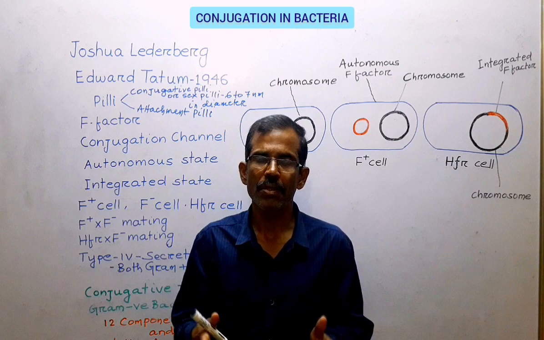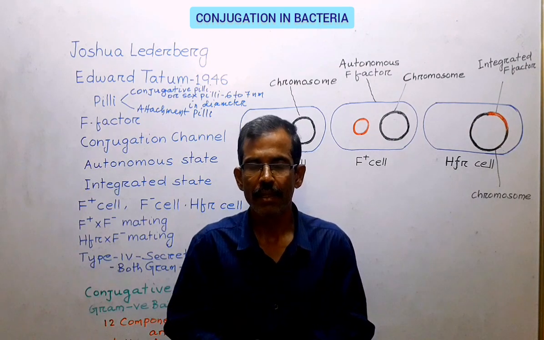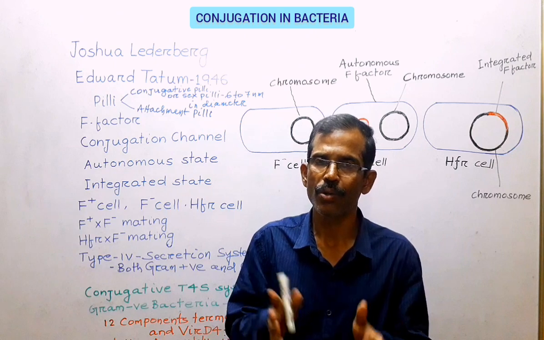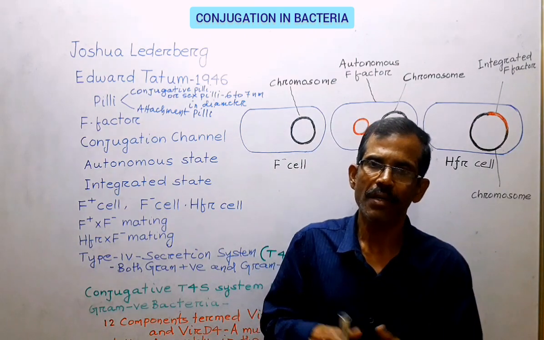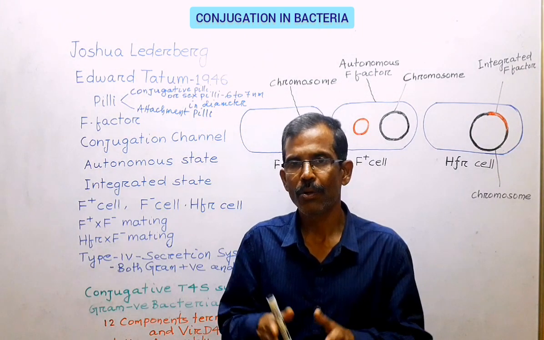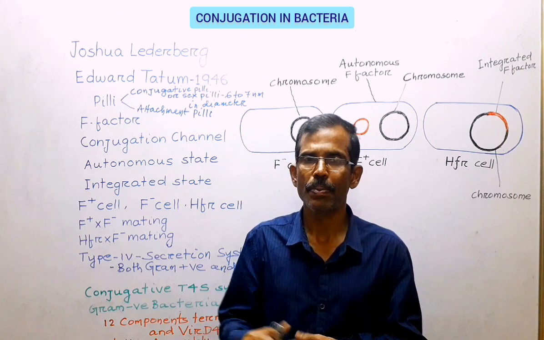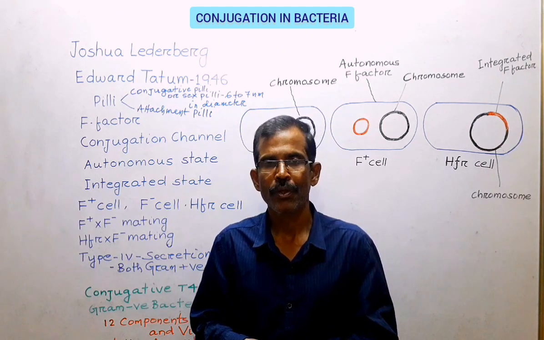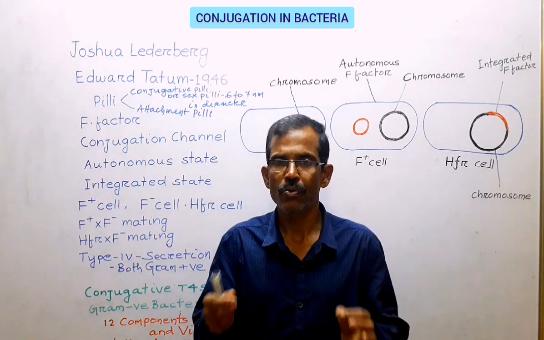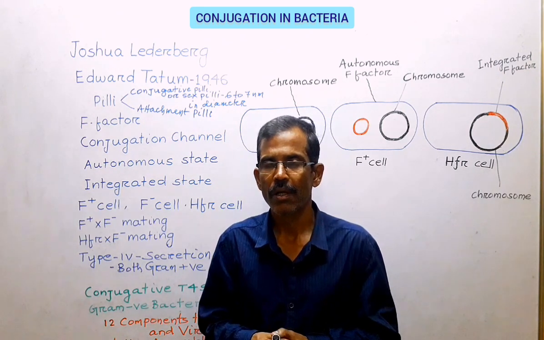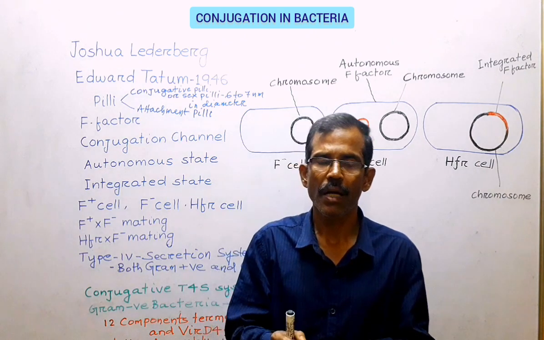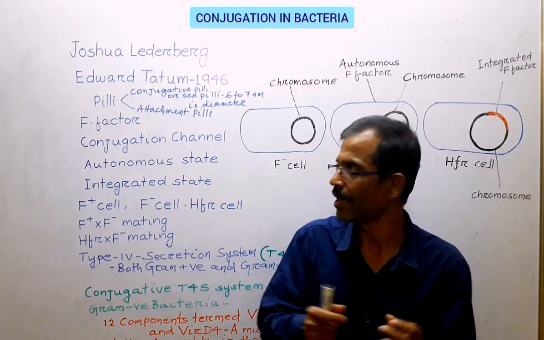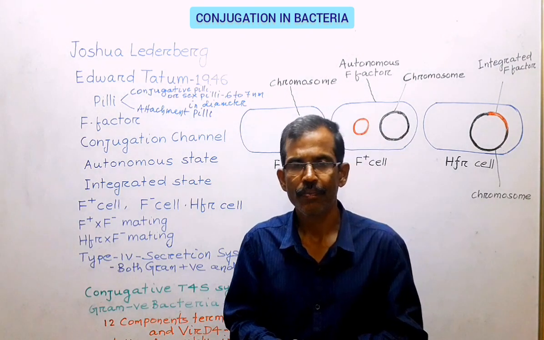Bacterial conjugation, also known as mating, is a process of horizontal gene transfer by which genes are transferred from a donor bacterium to a recipient through a specialized secretion system. For gene transfer to occur by conjugation, close physical contact between the donor and the recipient bacterial cell is essential.